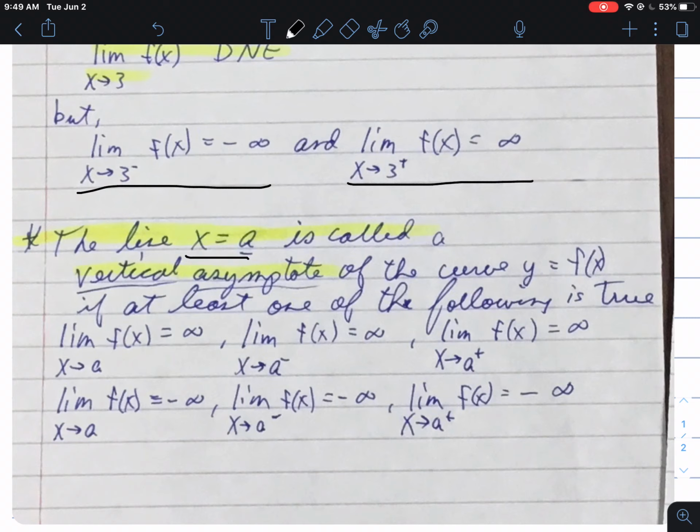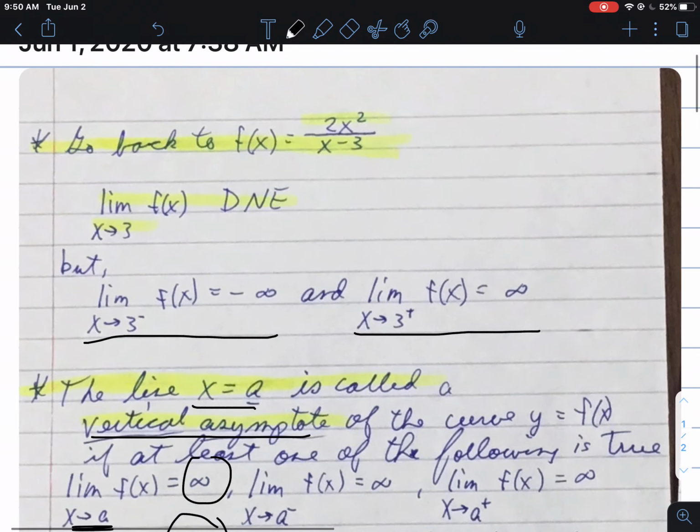So bottom line is, if you're evaluating a limit, and that limit is either approaching infinity or negative infinity, from either one side or both, then that shows me the existence of a vertical asymptote, whose equation would be x equals a, right? Whatever that value is that you're approaching, okay? So in this case, that's how I would justify that.